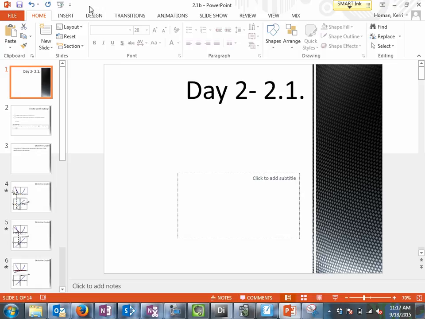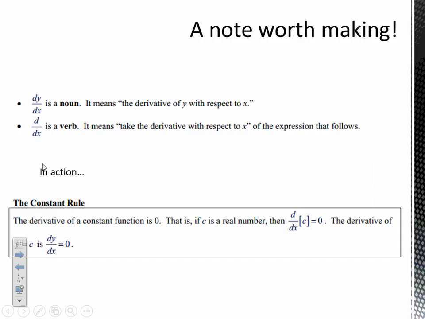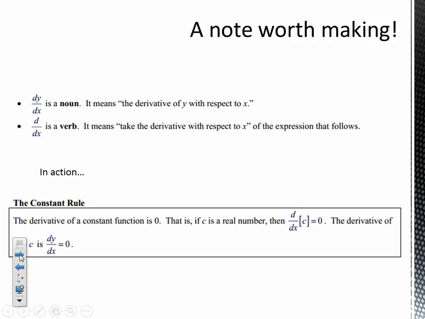Okay. So first of all, let's talk about a couple notation things. Nouns and verbs. dy dx is a noun, meaning the derivative with respect to x. d dx is a verb, meaning, hey, take the derivative with respect to x.